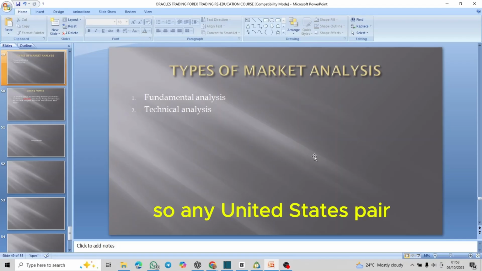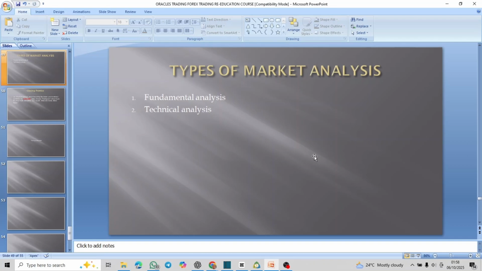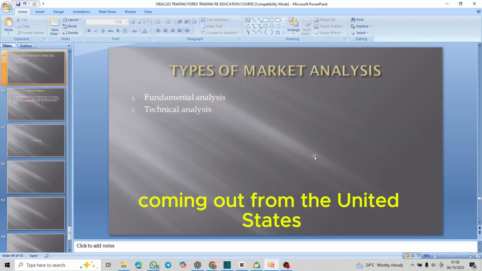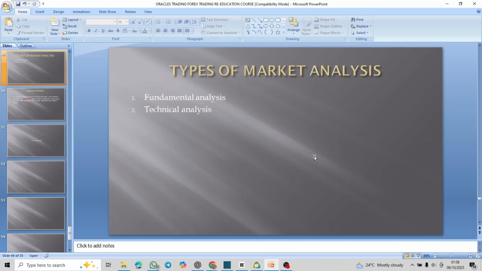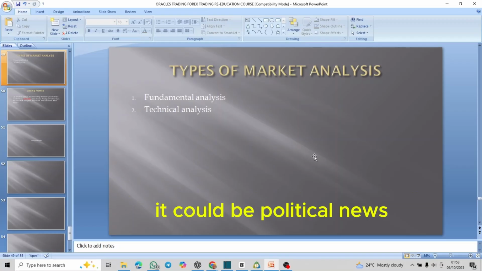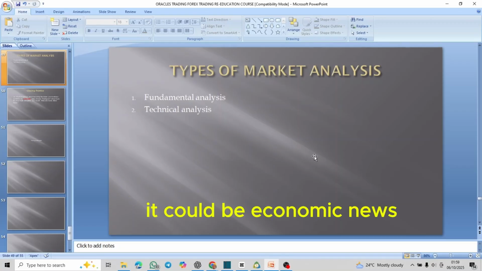So any United States pair will be traded based on news coming out from the United States. So fundamental analysis generally deals with news. It could be political news, it could be economic news.